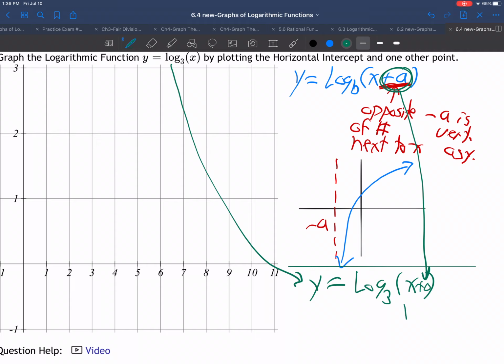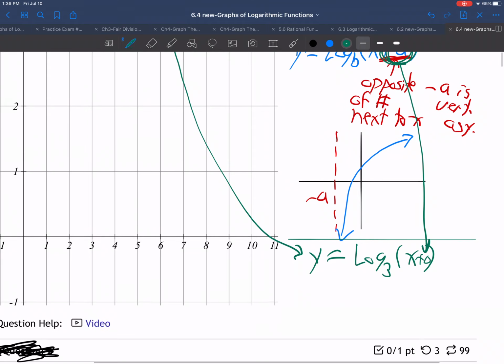If I made that x plus 1, that's different. X plus 1 is certainly different than x alone, but x plus 0 is the same as x alone, so there's really a plus 0 in there, and that means that our vertical asymptote is 0.